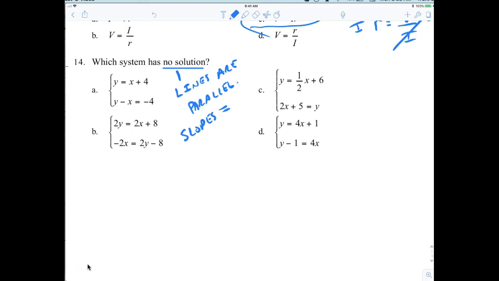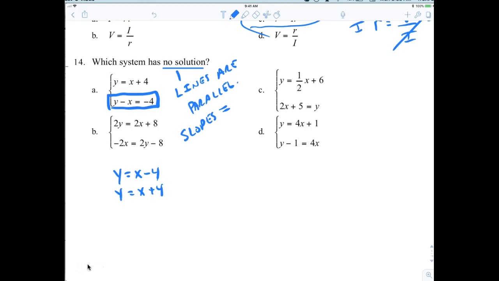All right, so now let's look at letter A. It's not written in the right format, correct? So the negative x is in the way, so I've got to move the x over. When I do that, that becomes y equals x minus 4, and I'm comparing that to y equals x plus 4. Do they have the same slope?